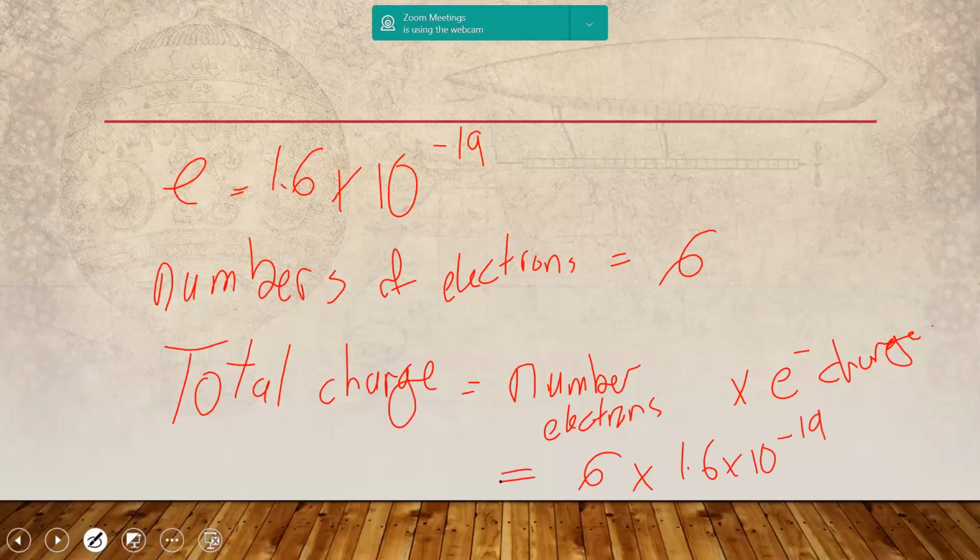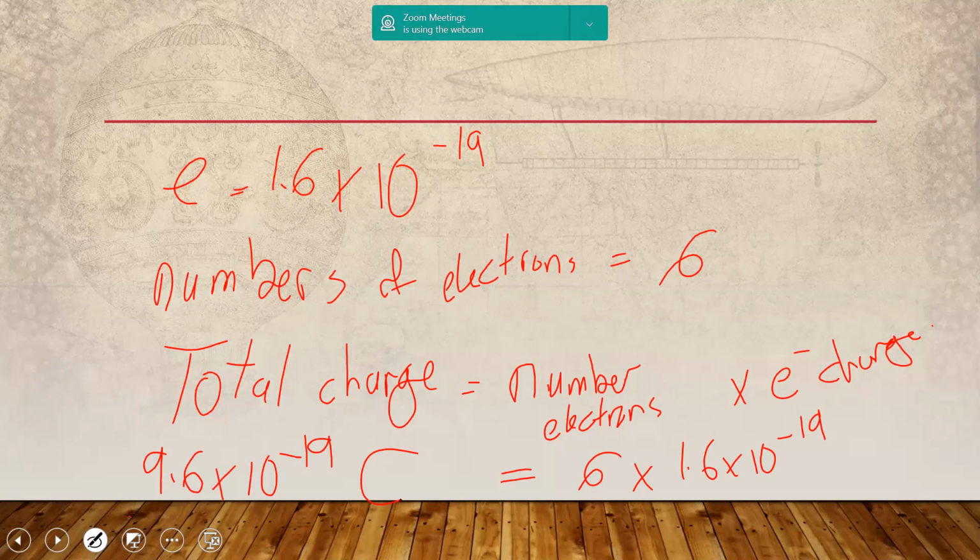After you multiply them, you get the total charge, which is 9.6 times 10 to the negative 19. Later on, you will say that the unit is coulomb. So the total charge here is 9.6 times 10 to the negative 19.